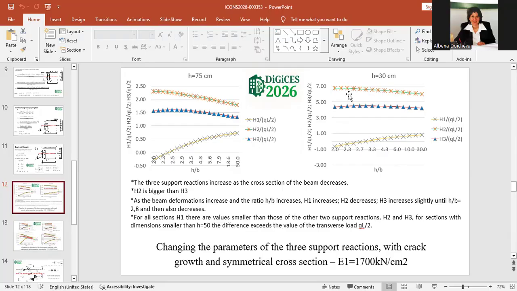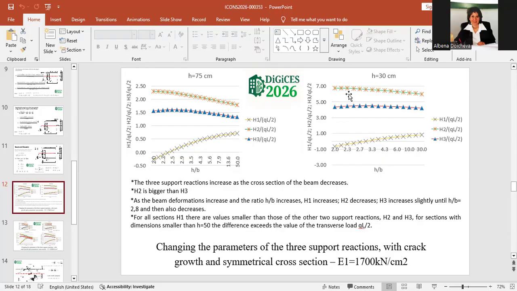The three support reactions increase as the cross-section of the beam decreases. H1 is bigger than H3. As the beam deformation increases and the ratio H divided by B increases, H1 increases, H2 decreases, and H3 increases slightly until H divided by B is equal to 2.8 and then also decreases.